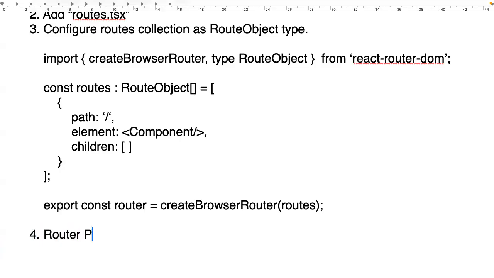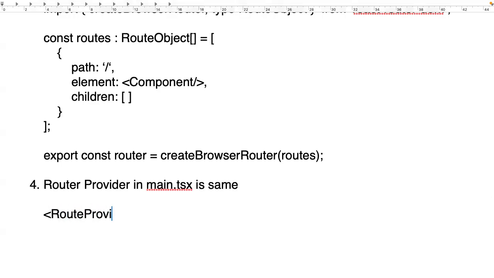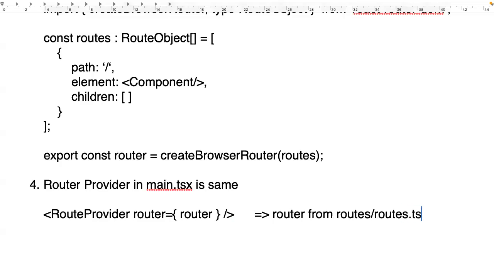Route provider in main.tsx is the same, huh? No change. What we do, route provider. It uses a router. Router is coming from your router, that you have to import.